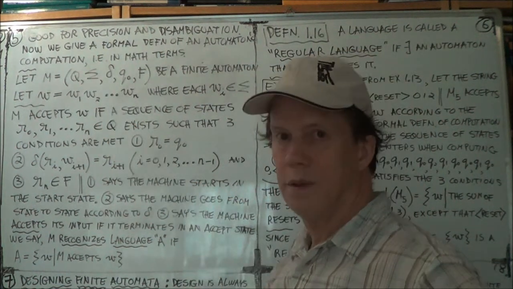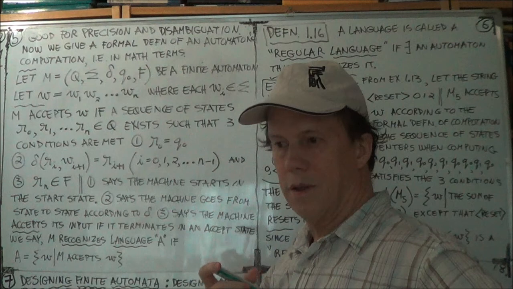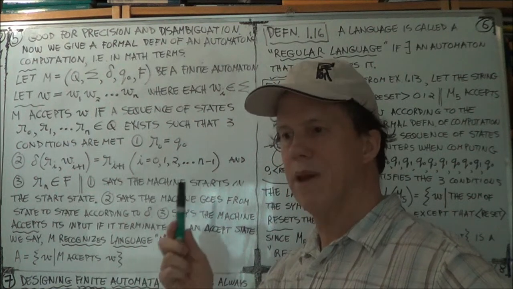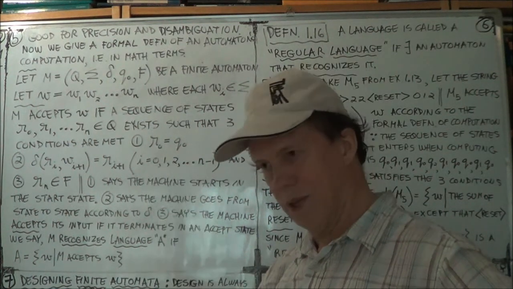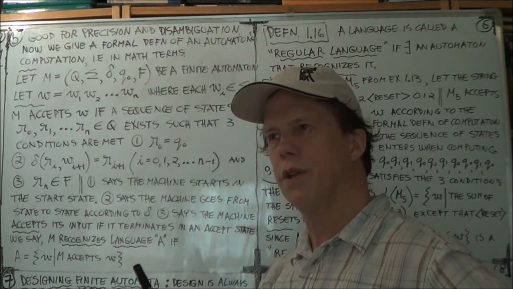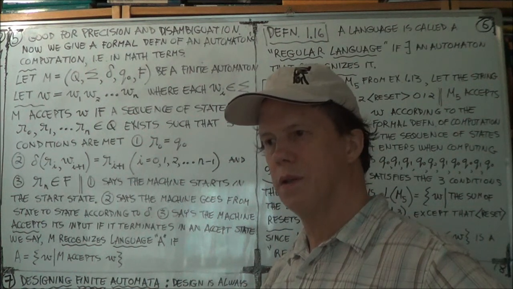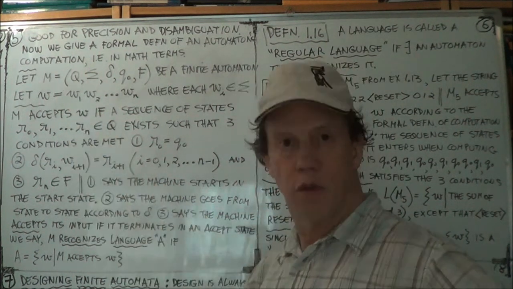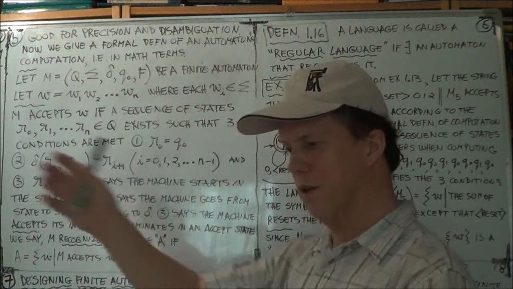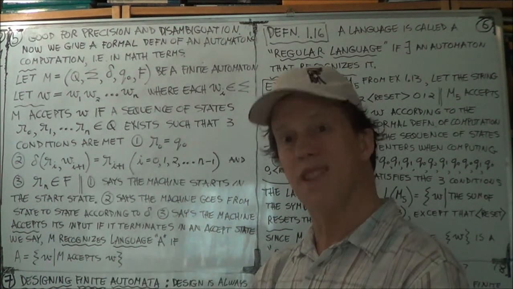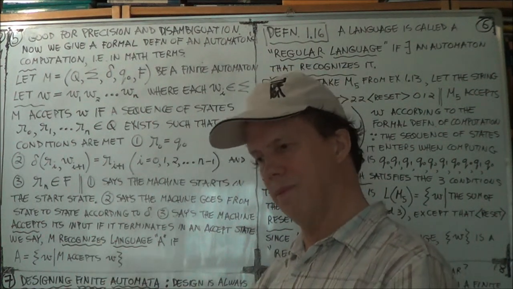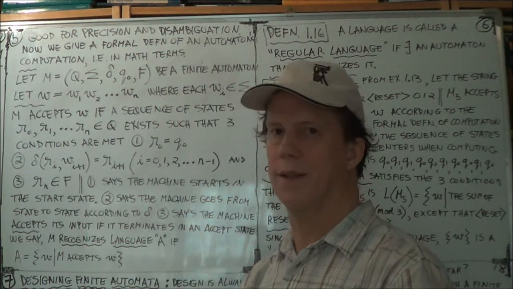Delta, that's your transition function. Technically, in mathematical terms, it maps the Cartesian product of Q and sigma to Q. In other words, it looks at its current state, it looks at the input symbol being read at the moment, and from those two maps into the next state.